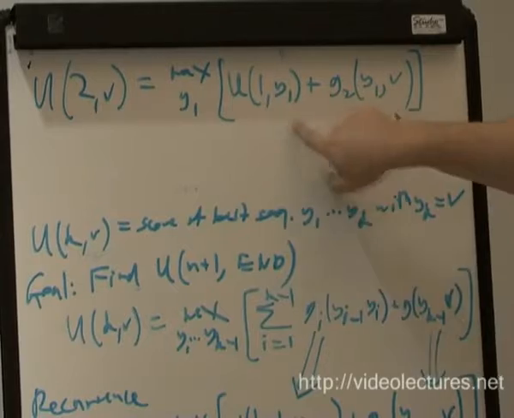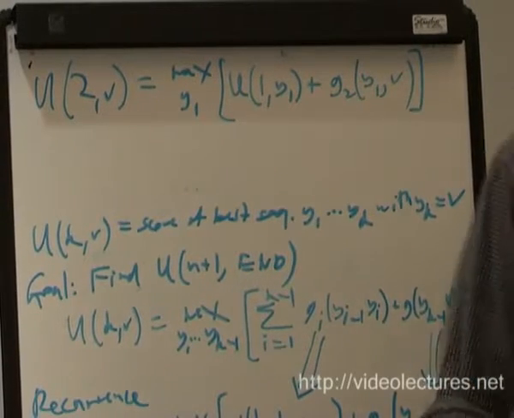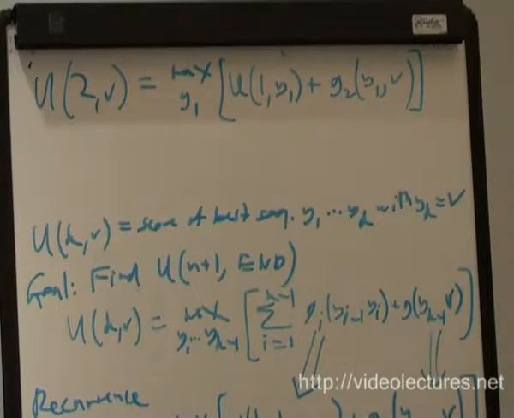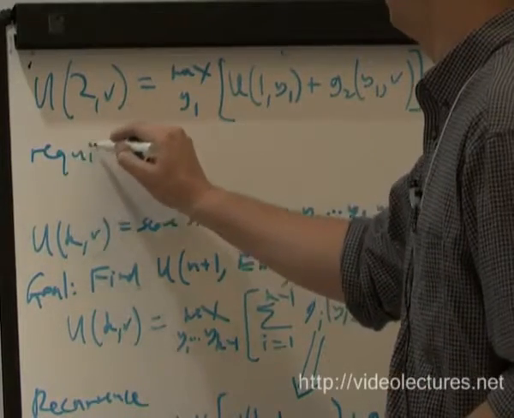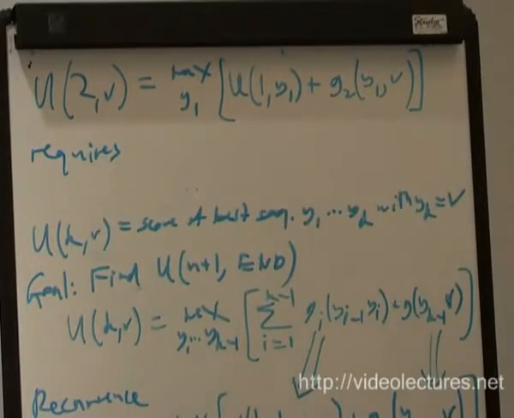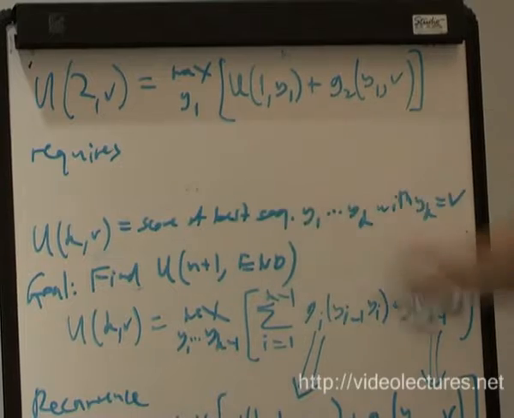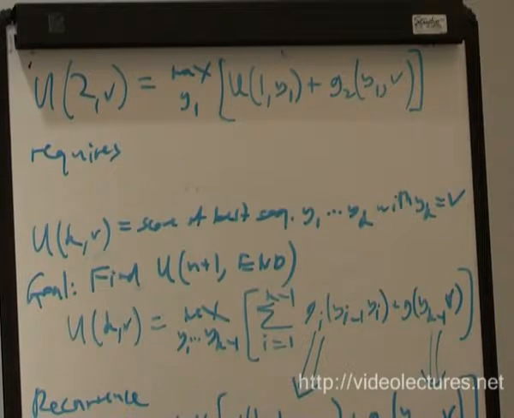But this U1 of Y1, I look it up because I calculated it in the previous stage. So the time needed here, what is the time required to calculate U2V?